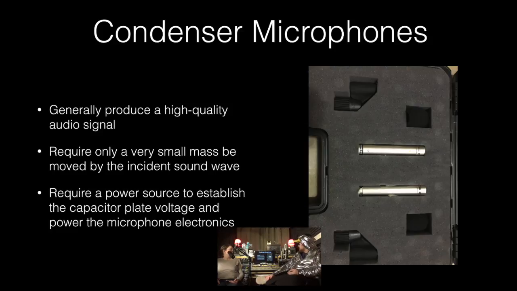These little pencil condensers, in my opinion, actually emulate the sound of your ear better than any of the others. Like in photography, they talk about how lenses will create distortion and that a 50 millimeter is the closest thing to what your eye sees. To my ear, the small diaphragm condenser is the sound. They're very small, but they pick up low frequencies very well.